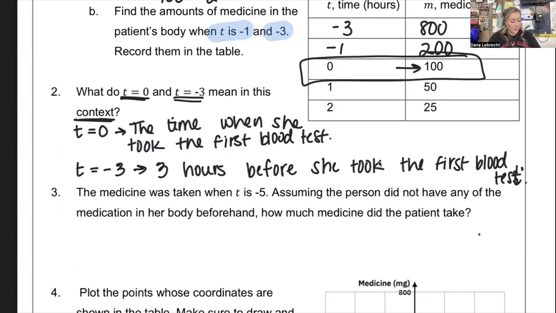Okay. And then, for example, if we were talking about like the 2 in the table, since that's positive, it would be 2 hours after she took the first blood test. So we want to talk about our time in terms of before whatever we're measuring versus after if it's positive. Okay.